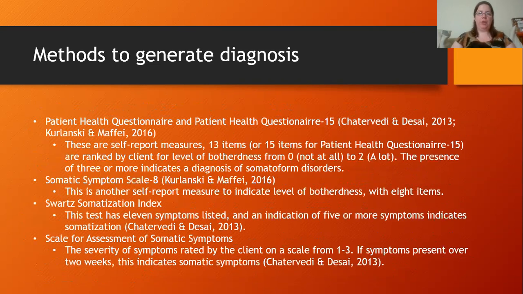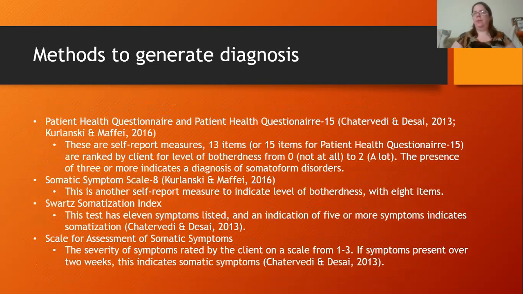There's self-report measures, 13 or 15 items. They're typically ranked by a client for level of botheredness from not at all to, oh my God, this is driving me crazy. The presence of 3 or more with this particular set of questionnaires indicates a diagnosis of somatoform disorders.